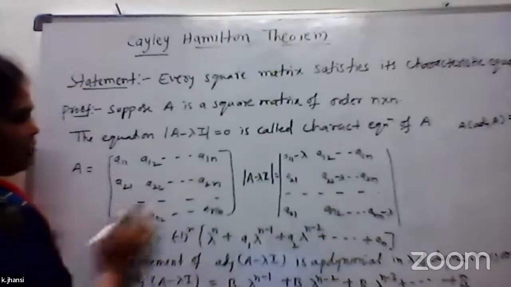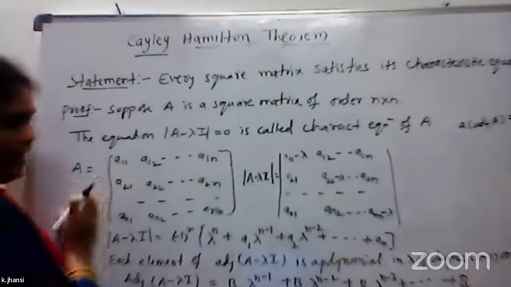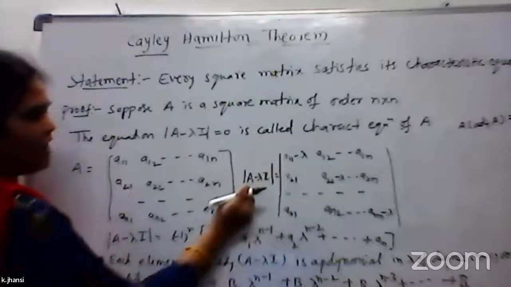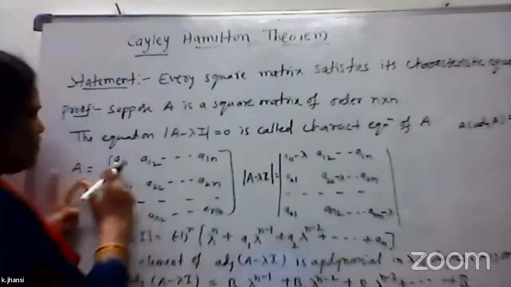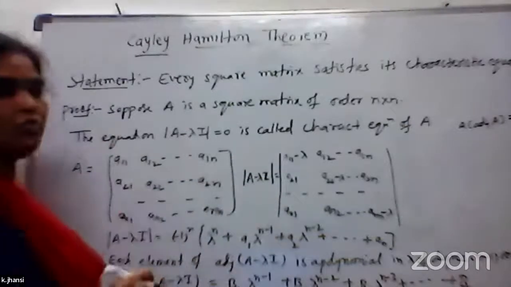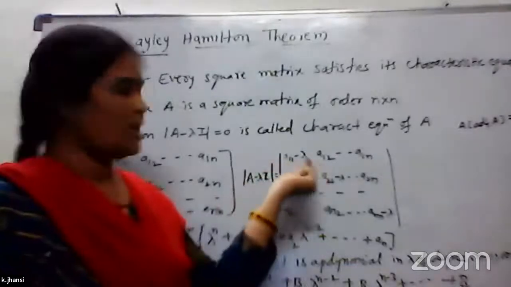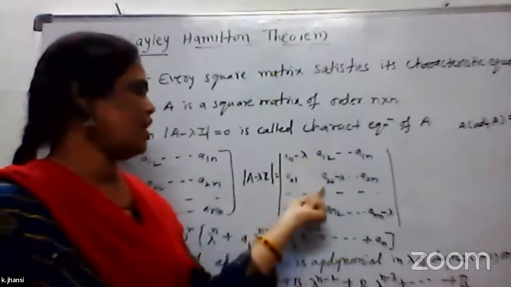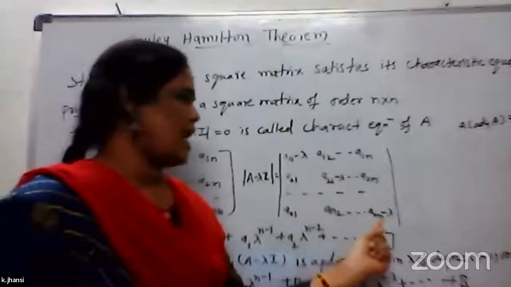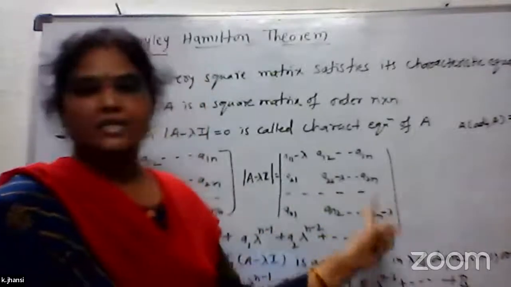So this is the nth order matrix, and when you find the determinant of A minus lambda I, we know that for the diagonal elements we have to subtract lambda. So it will be A11 minus lambda, A22 minus lambda, and the last one will be Ann minus lambda.